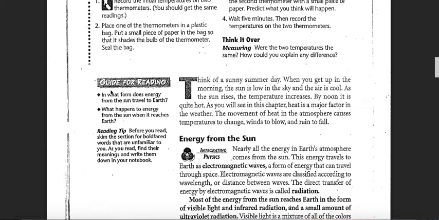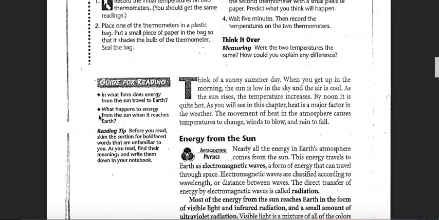This guide for reading, for instance, says, in what form does energy from the sun travel to Earth? If you're able to answer that question when you're finished, then you will have understood the main point that they wanted you to.